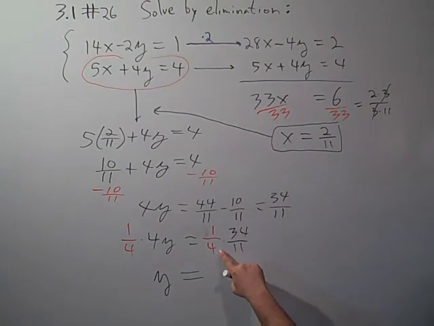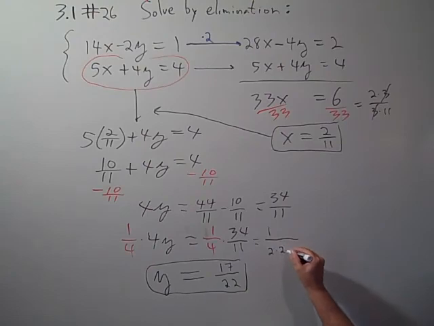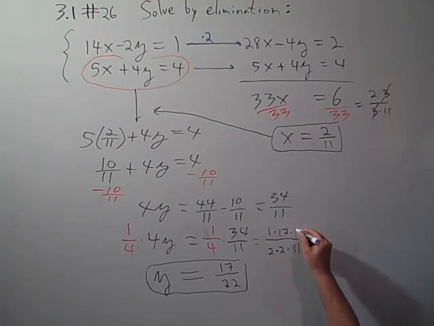And let's see, half of 34 is 17, so a 2 goes into the 2 up there and divides into 34 seventeen times. So we're left with 17 divided by 2 times 11, which is 22. You could think of this last bit as 1 over 2 times 2 times 11, and 34 is 17 times 2, so we could cancel out a pair of 2's, and we're left with 17 over 22.